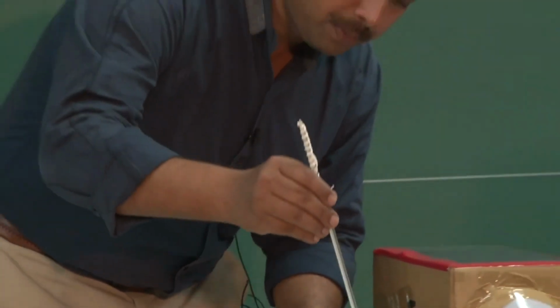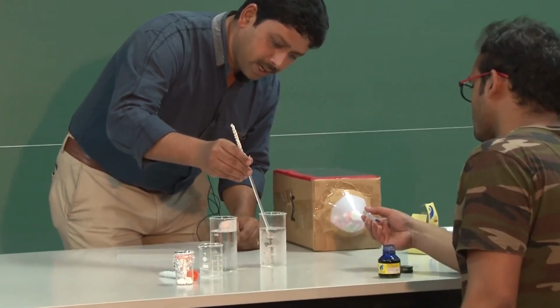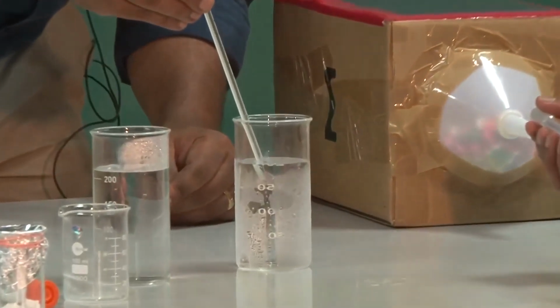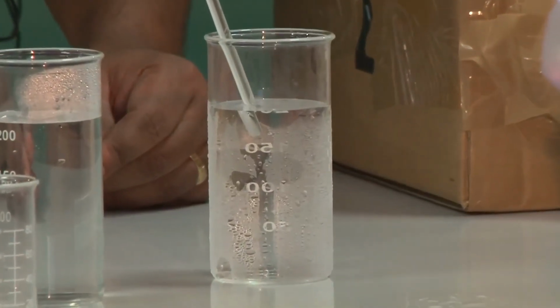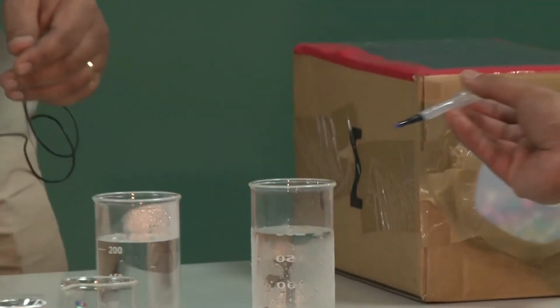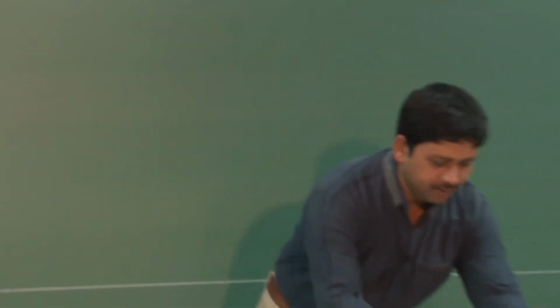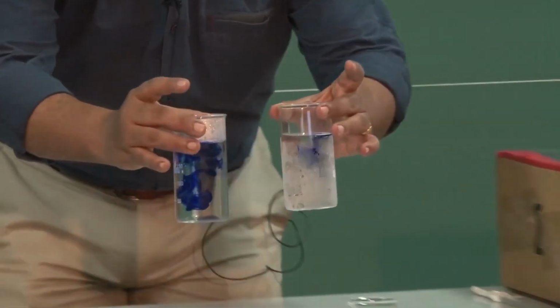And this one is 20°. Yeah. So, not much of a difference, but we are going to see whether it works or not. Without shaking, we want to take it here.